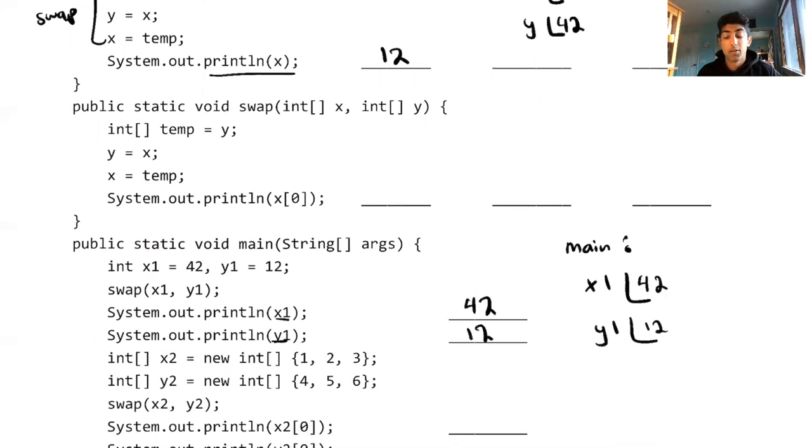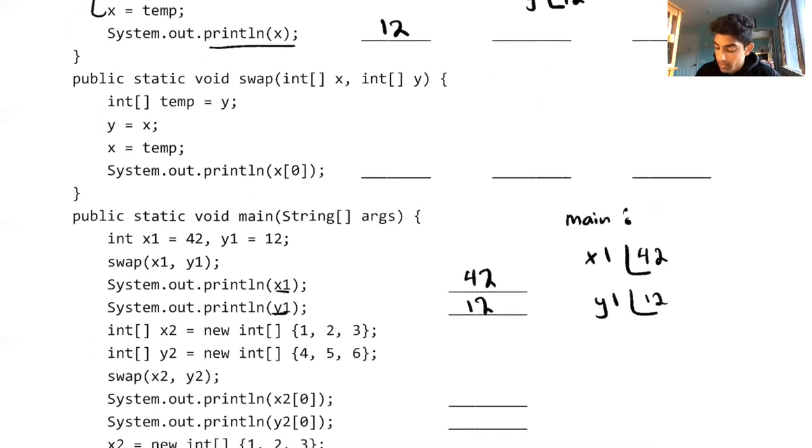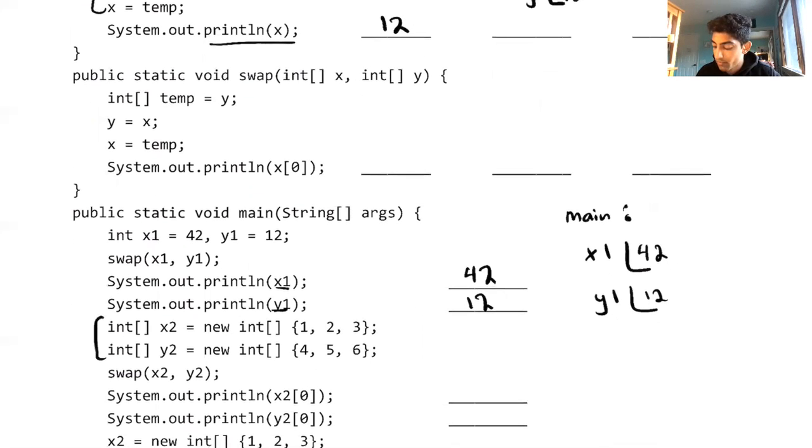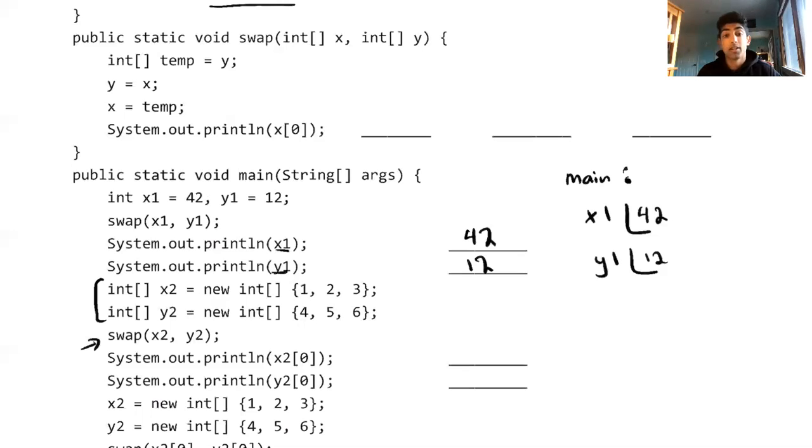Nice. Moving on to the next part, now it gets a bit trickier. Instead of working with integers, now we're working with arrays. We create two arrays, x2 and y2, and then we call the swap function on these arrays. When we execute pass-by value with numbers, we just set one variable equal to the number that's passed in.